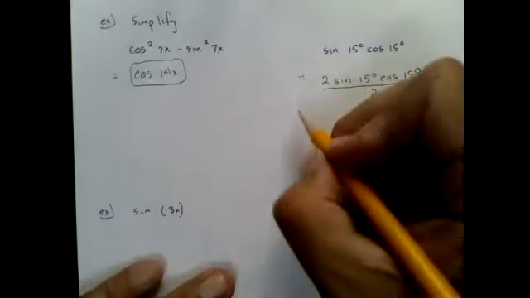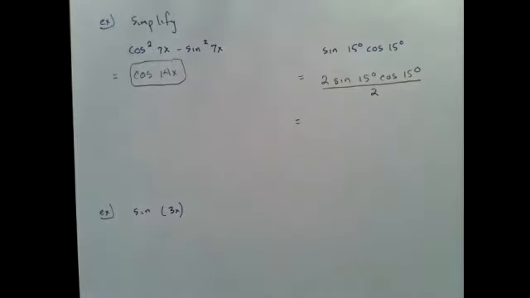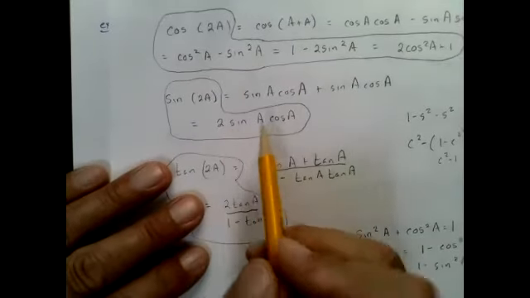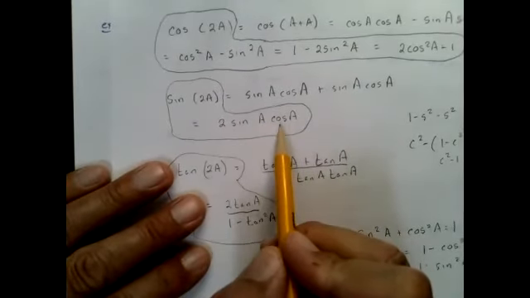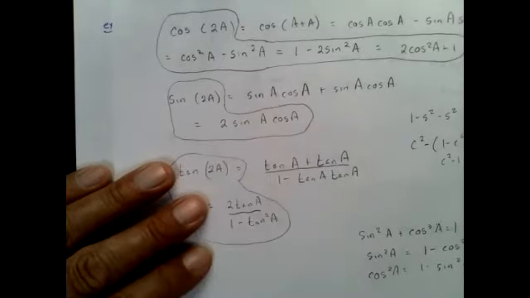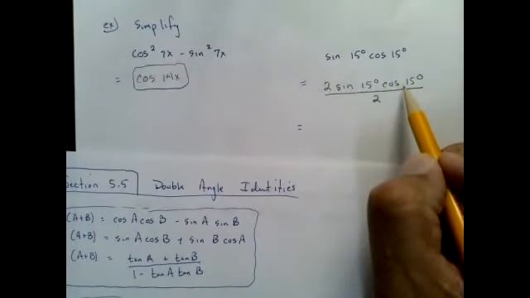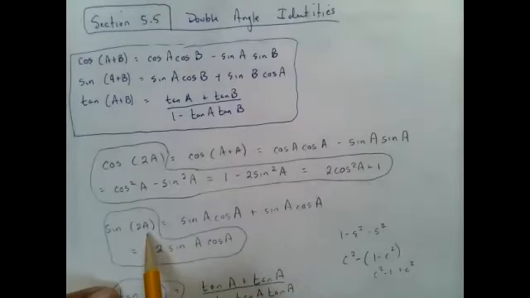So then this numerator is going to become 1/4. 2 times the sine of a banana, the cosine of a banana equals the sine of 2 bananas.